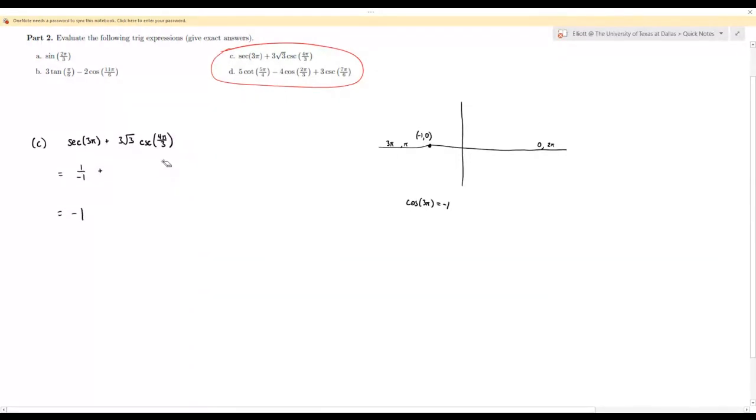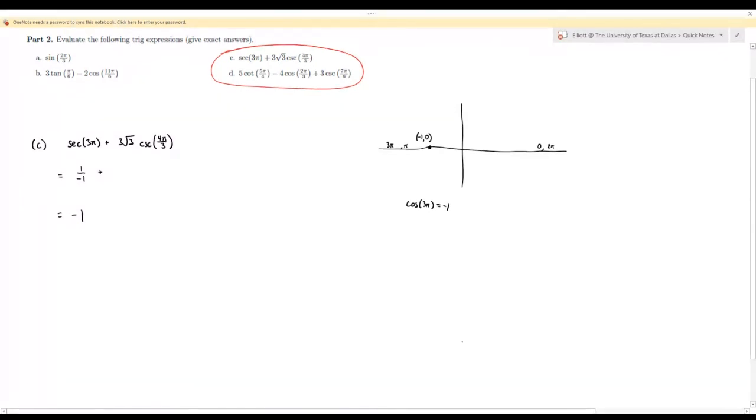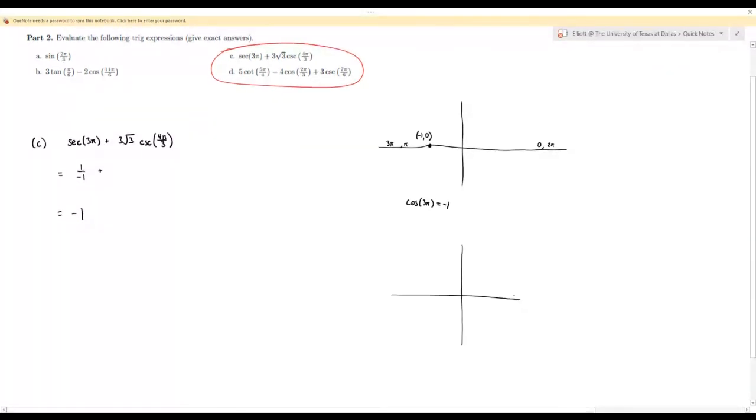Now this one's maybe a little bit harder to think about, but let's see. I know that 4 pi over 3, it's a little bit more than pi, so it puts me in the third quadrant.